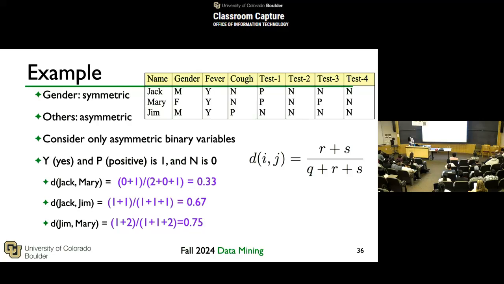Then looking at Q, R, S: Q is the 0, 0 case, and I have 2 of these. R is a positive and a negative, and I don't have any, so that's a 0. Then I have this 1, which is the S case. So that's how I get my 0.33.